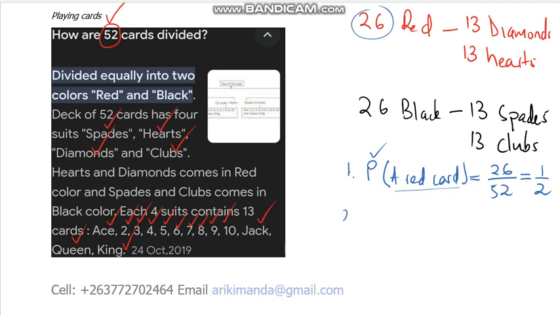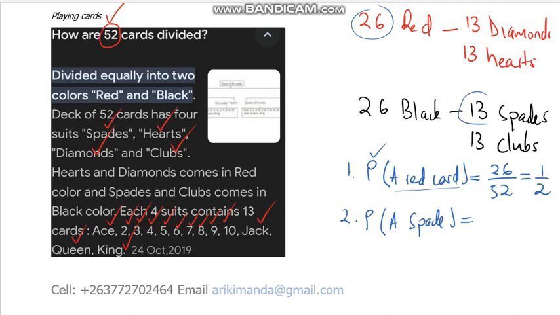Another question could be asked. What is the probability of getting a spade on these cards? You are simply asking yourself, how many spades are there in these 52 cards?